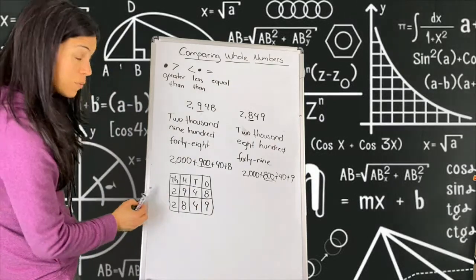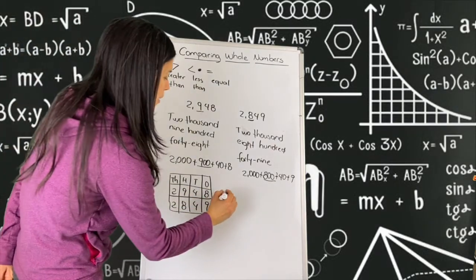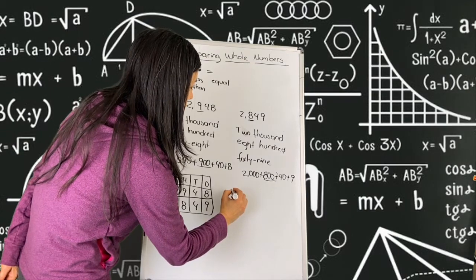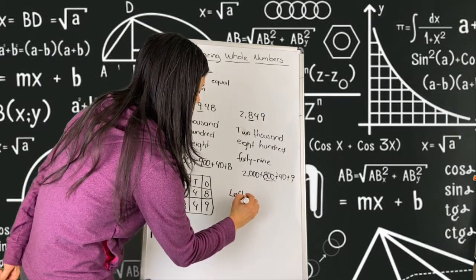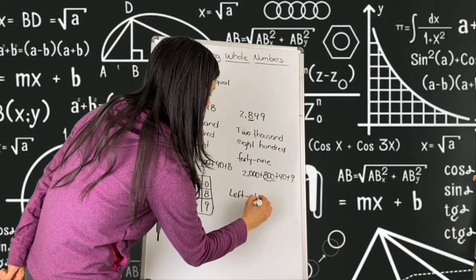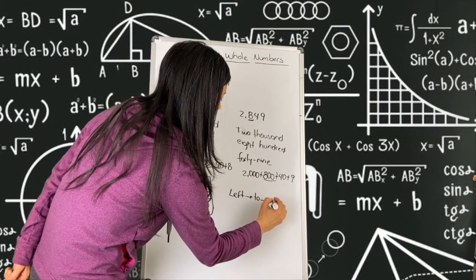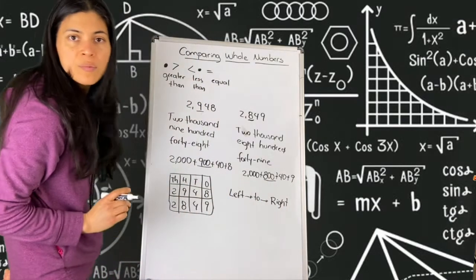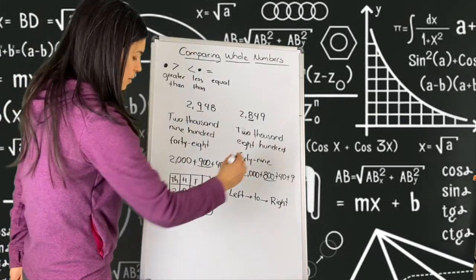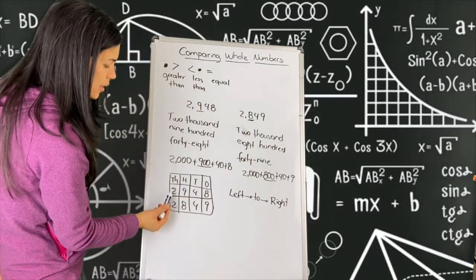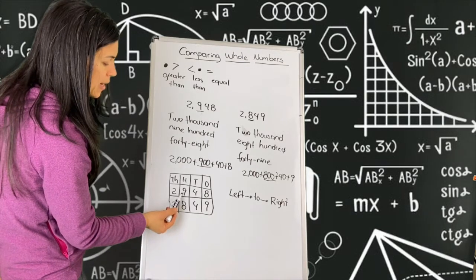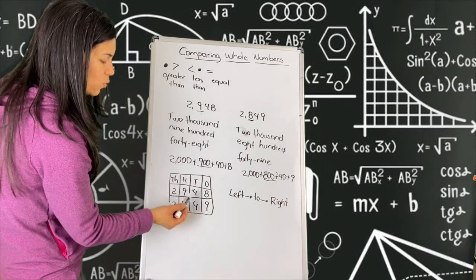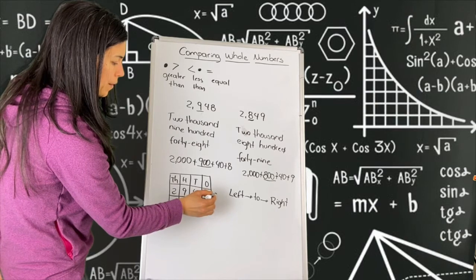So when we compare, this is important, we also compare from left to right, like when we write from left to right. So we start comparing from here. 2 and 2 are the same, but here 9 and 8, this one must be greater.